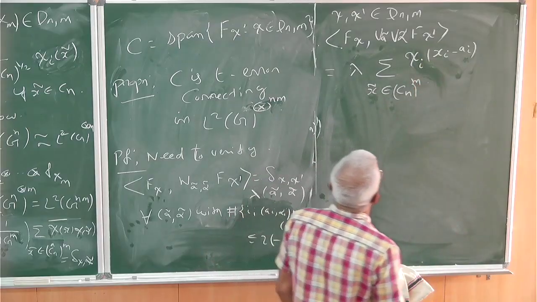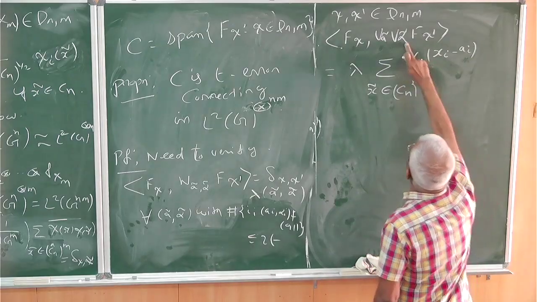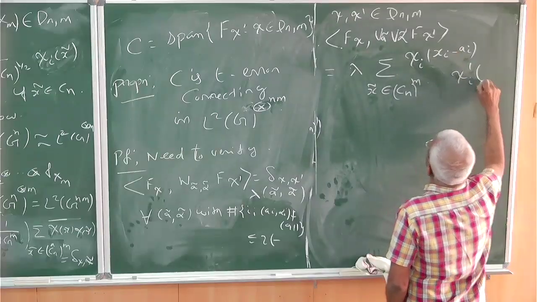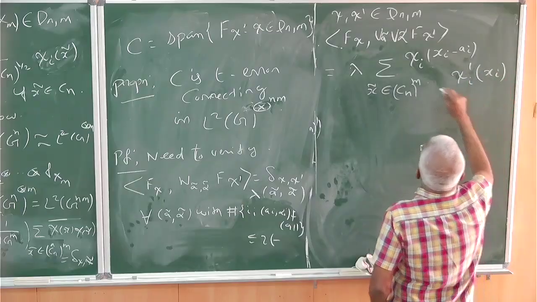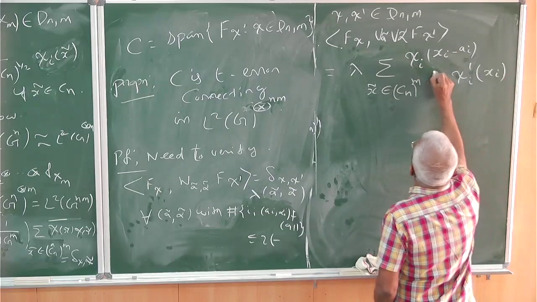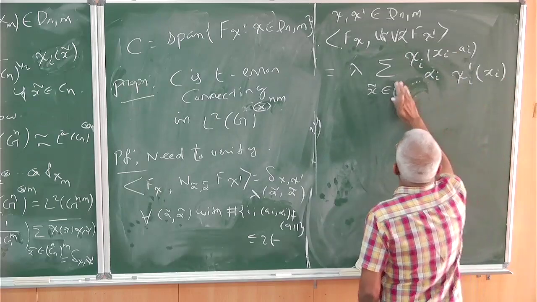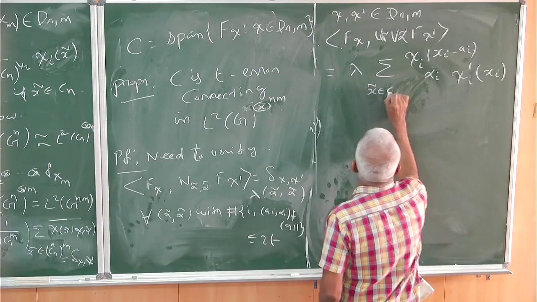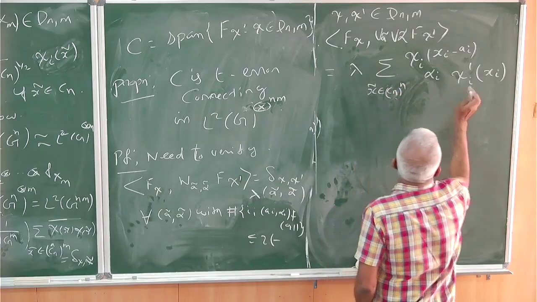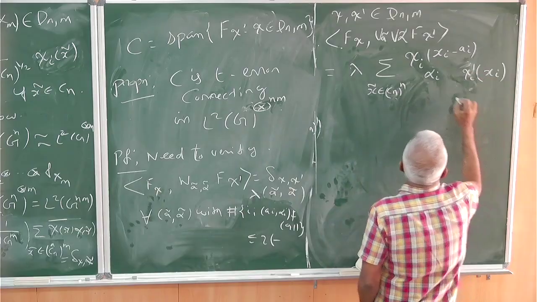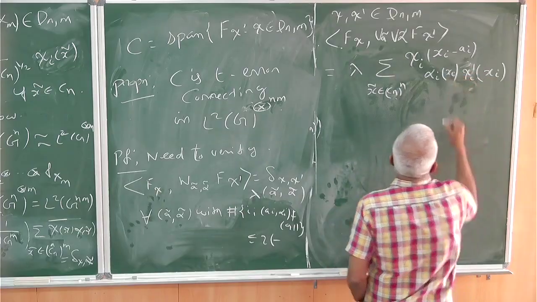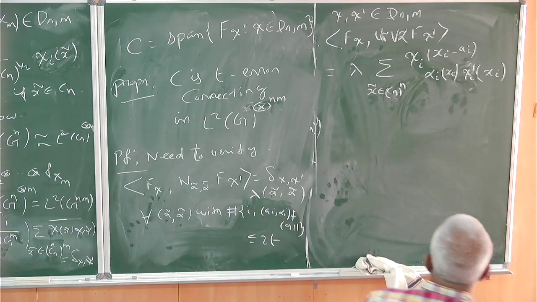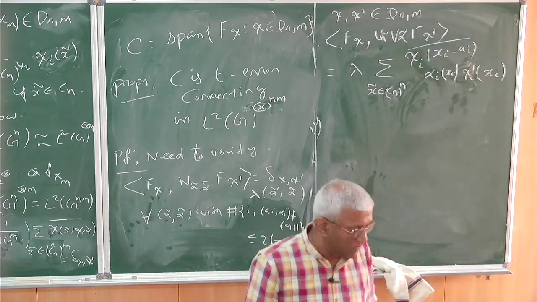Now V_alpha acting on that, so that is just chi_i prime of the same x_i times alpha_i of x_i. Correct? Yeah, there's a bar. Now it's correct.